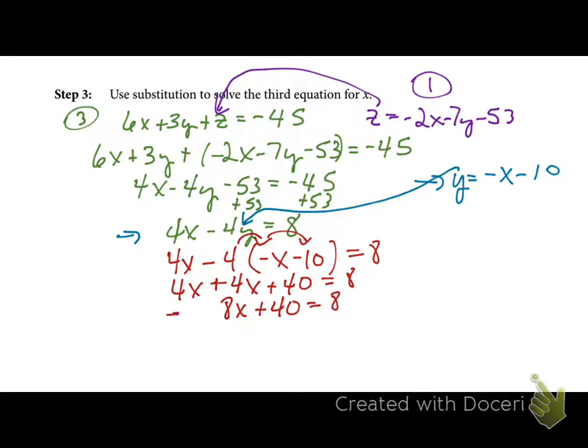And look what we can do now. We can actually solve for x. So we'll move our 40 over to the other side as a negative. That gives us 8x equal to negative 32, or x is equal to negative 4.